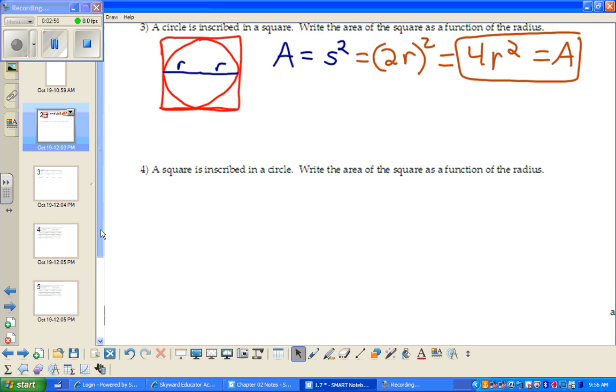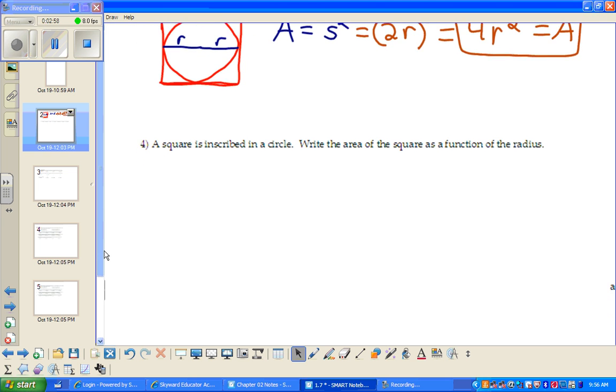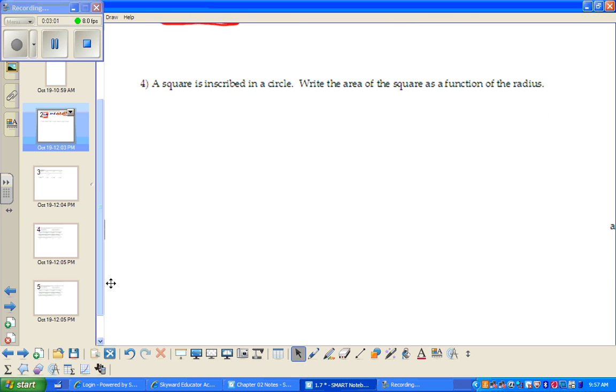Fourth question I have, a square is inscribed in a circle. What is the area of the square as a function of the radius? So you have to imagine that's a square inside of a circle.